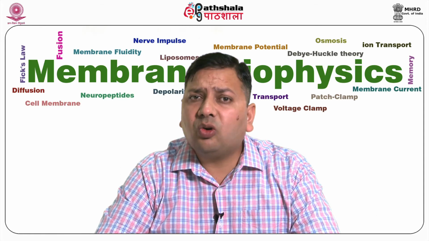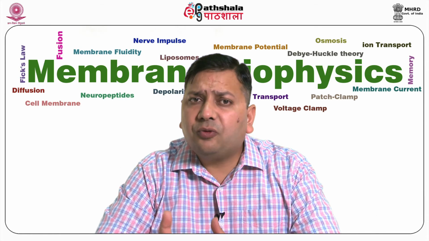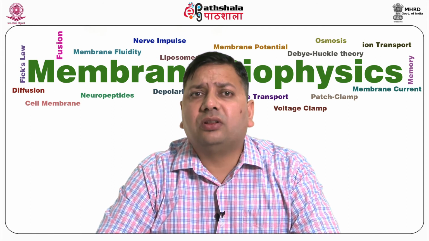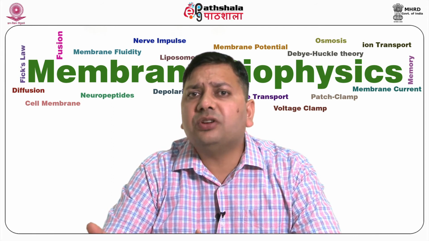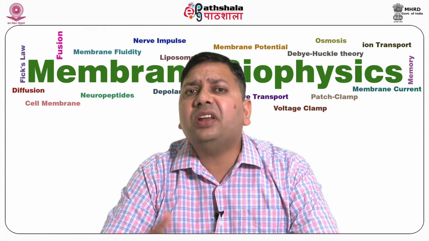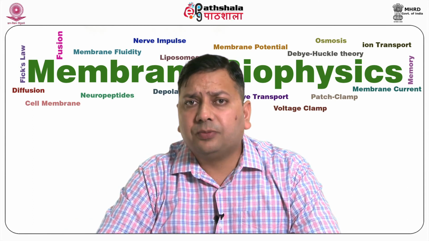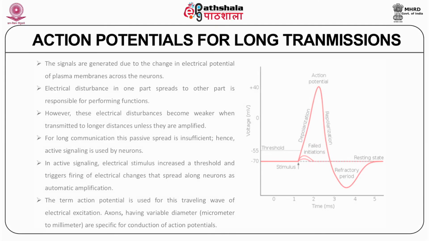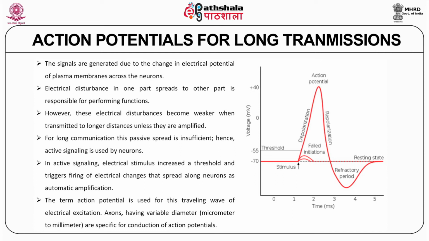Now coming to another feature, the action potential, which is required for transmission in axons, even for long transmissions. The signals are generated due to the change in the electric potential of the plasma membrane across the neuron. Electrical disturbances in one part spread to another part, which is responsible for performing functions.